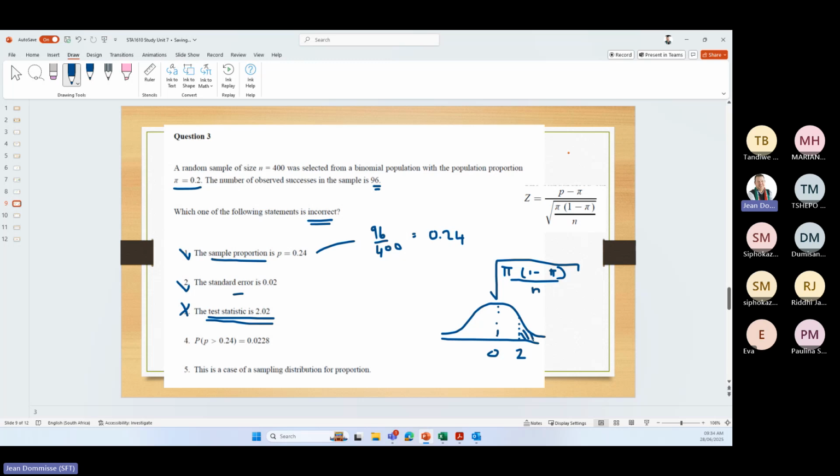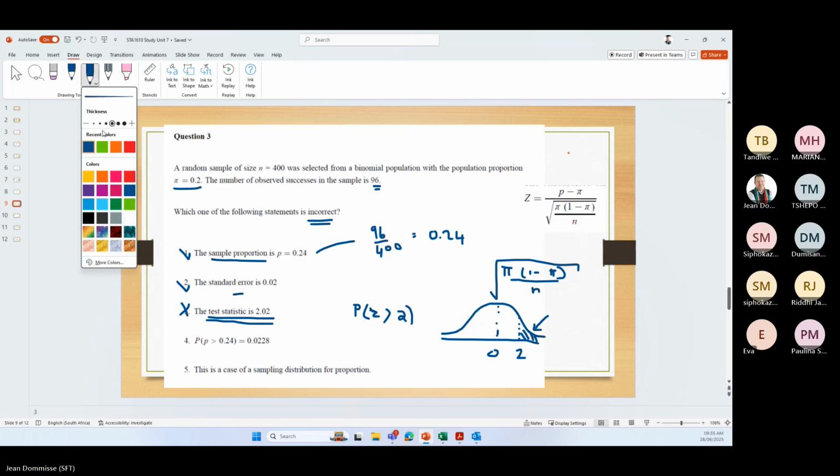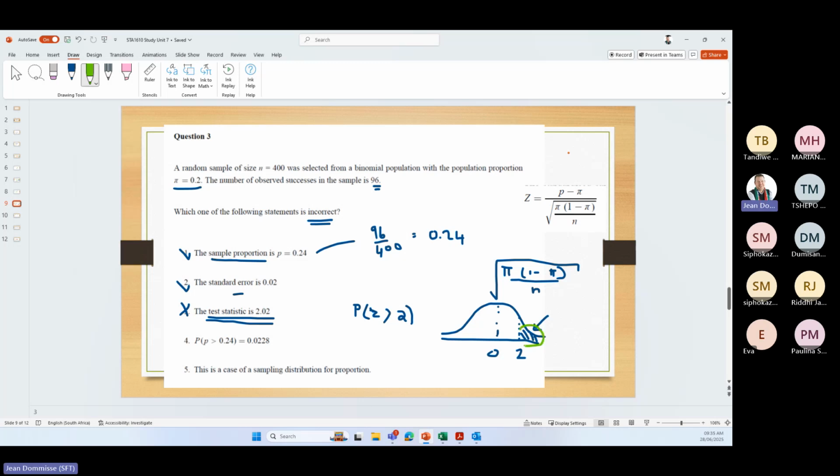So we're looking for that area. So what is the probability that Z is bigger than 2? Because that is what we worked out as the t-stat. So we now need to work out this small area.